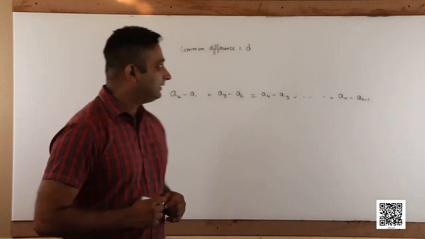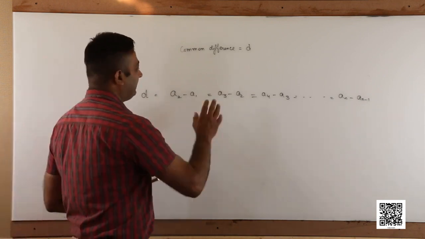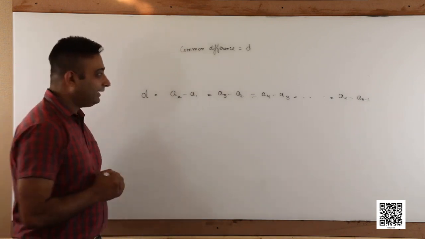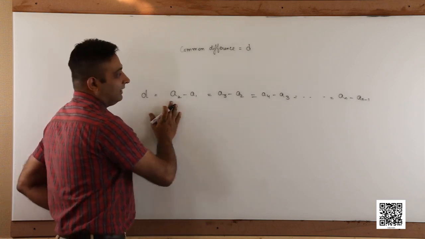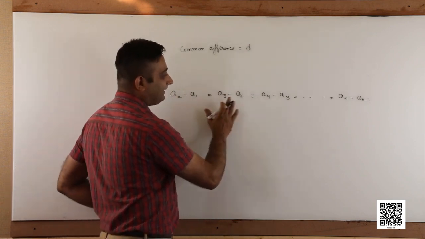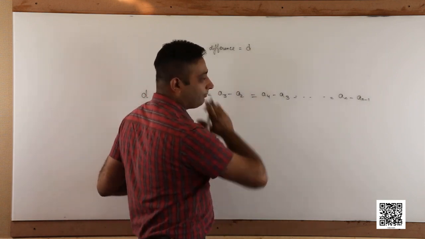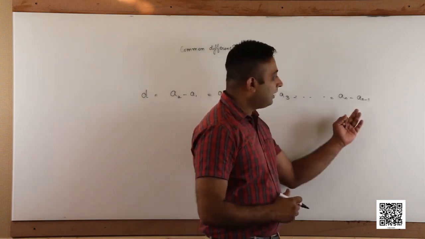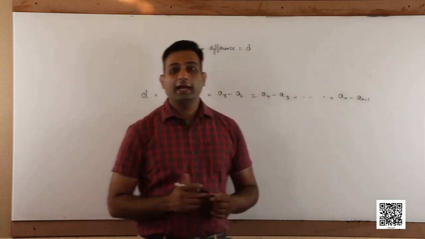If we represent the common difference of an arithmetic progression by d, then d can be obtained by subtracting the first term from the second term, similarly the second term from the third term, the third term from the fourth term and so on, or we can subtract the (n-1)th term from the nth term.